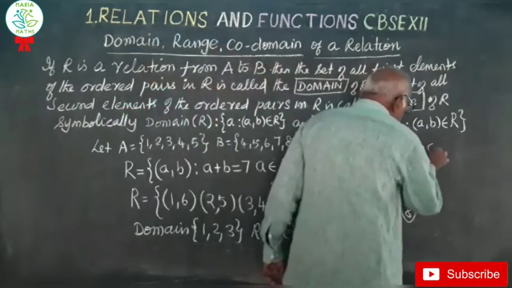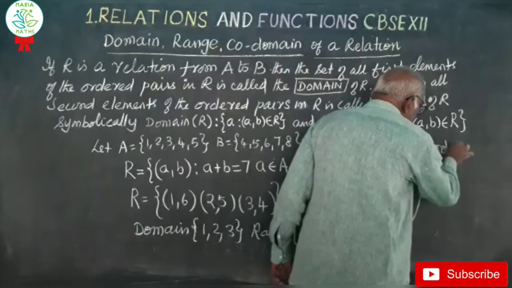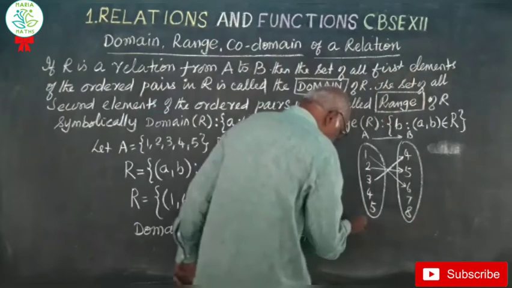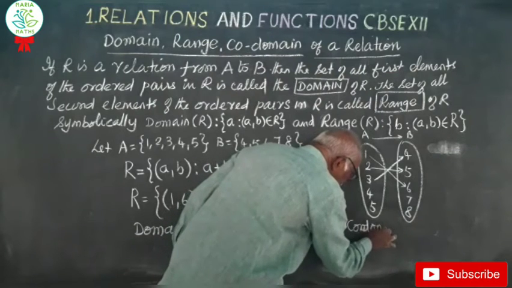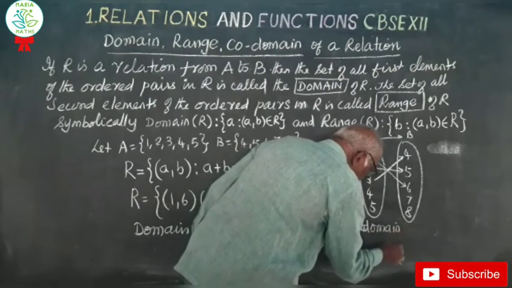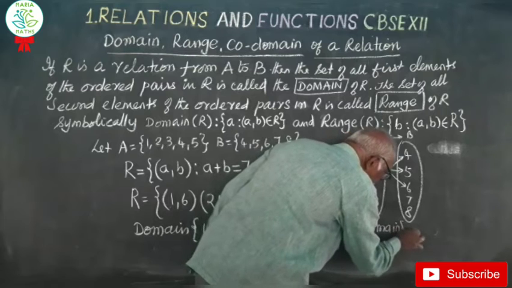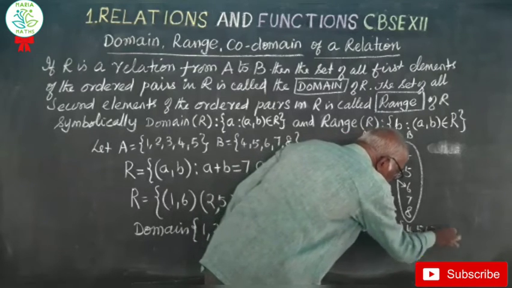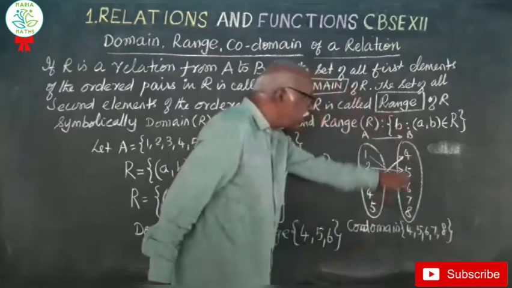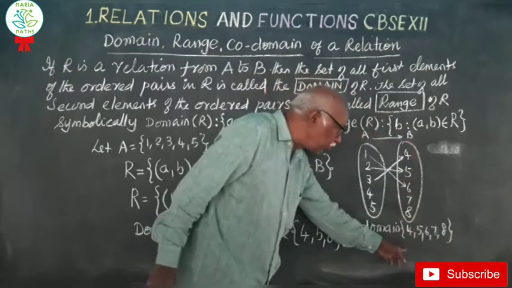The codomain is 4, 5, 6, 7, 8. The B set is the codomain set.